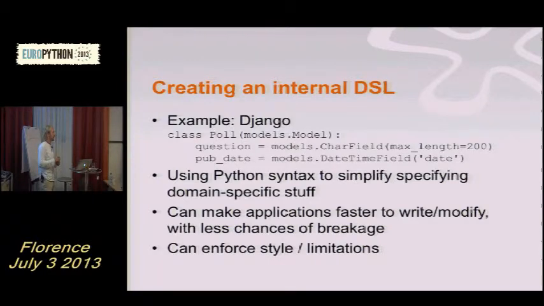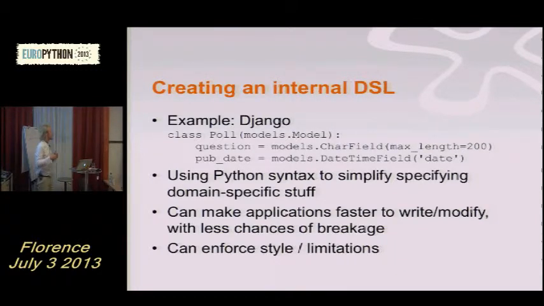Django's class model isn't always referred to as a DSL, but that's what it is, because we have a specific way of writing this, which tells us that we create a poll, we have char fields and datetime, so we actually create HTML from this.